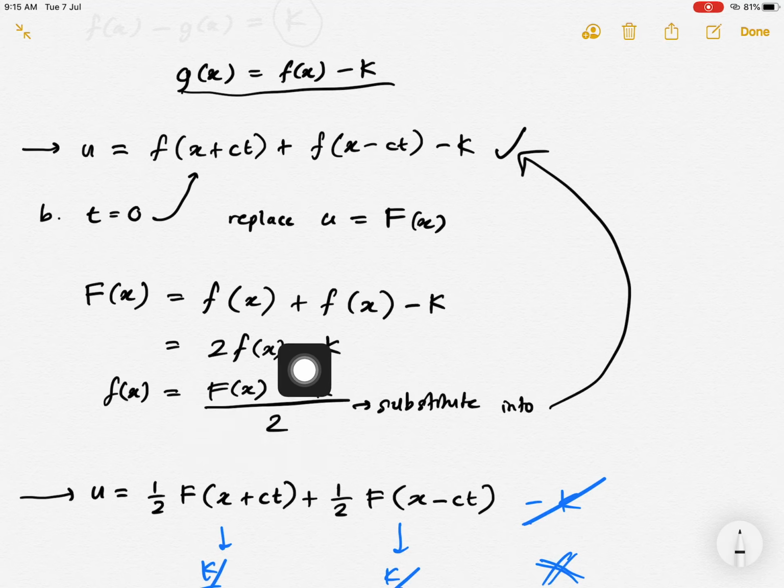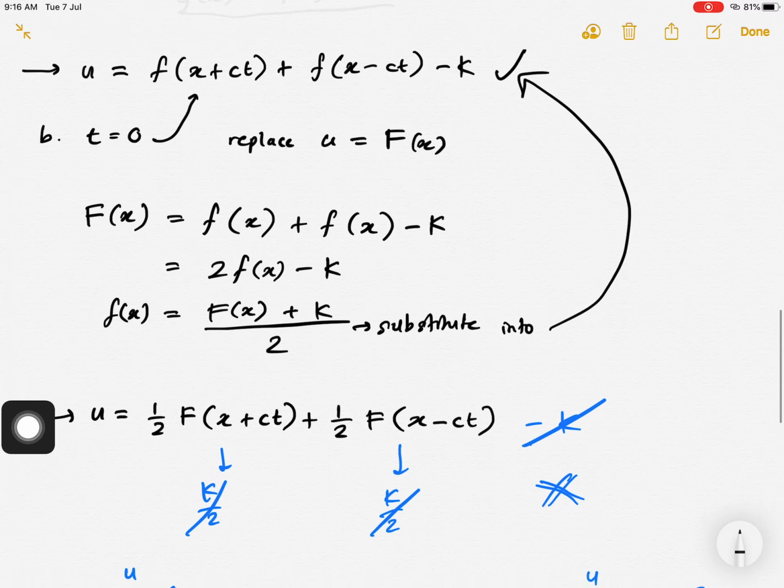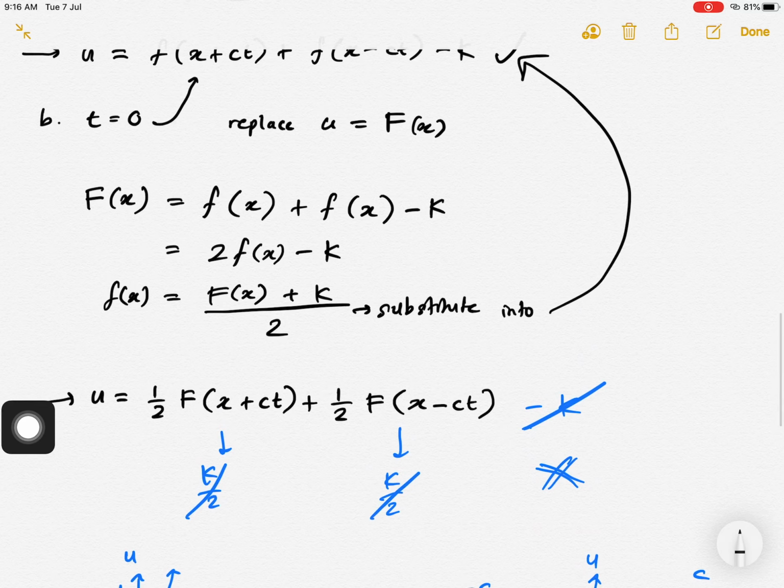So this is the function of the small f. Okay, and so this is the solution that we want to find, and we can substitute this function back into the previous solution that we have, which is this one. So we replace the small f with this function, which includes the big F. Okay, so when we substitute, this is the function that we get.